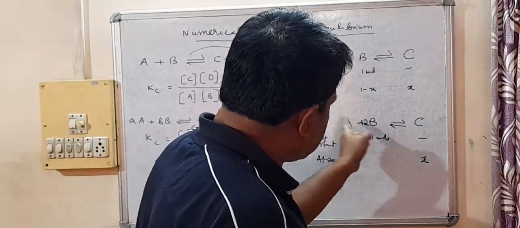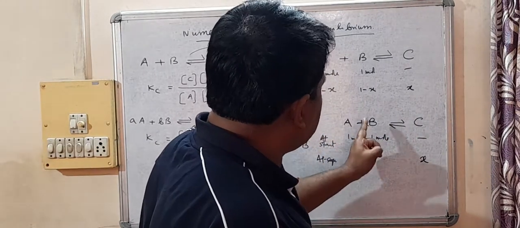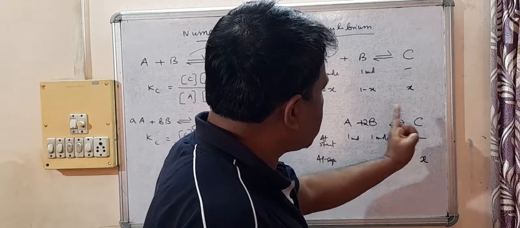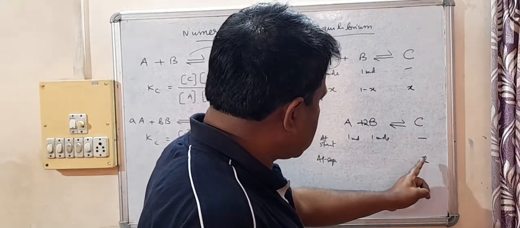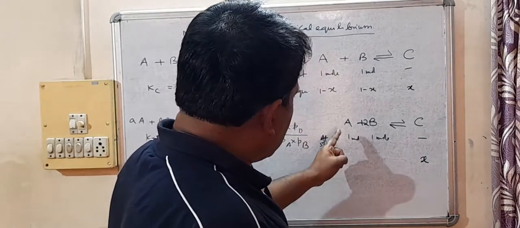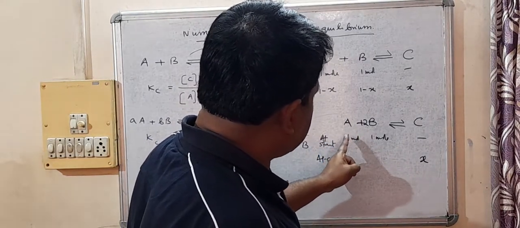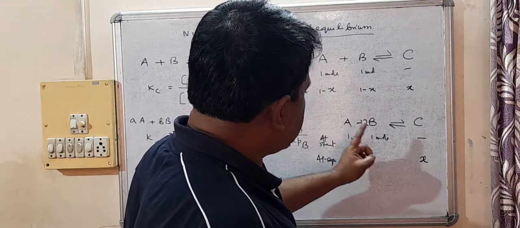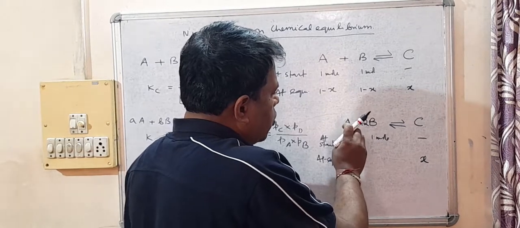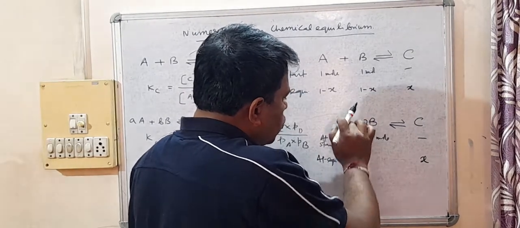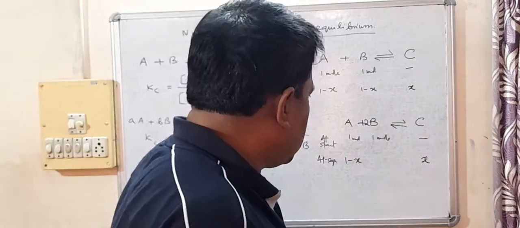Now we see from the equation that 1 mole of A reacts with 2 moles of B and forms 1 mole of C. If x mole of C is produced, definitely x mole of A has reacted. So when equilibrium is attained, moles of A left will be 1 minus x.